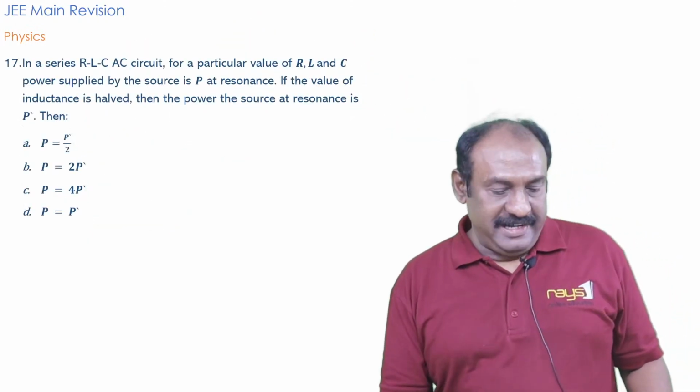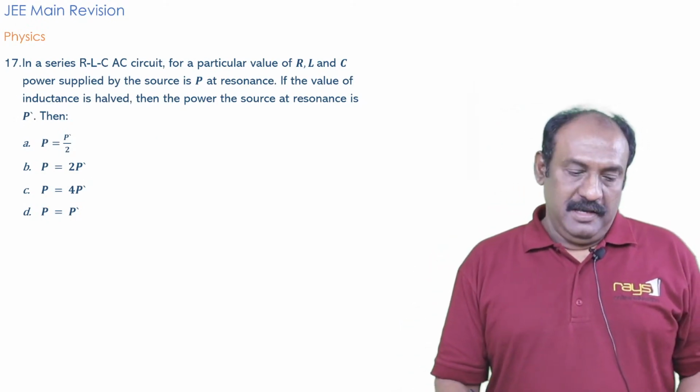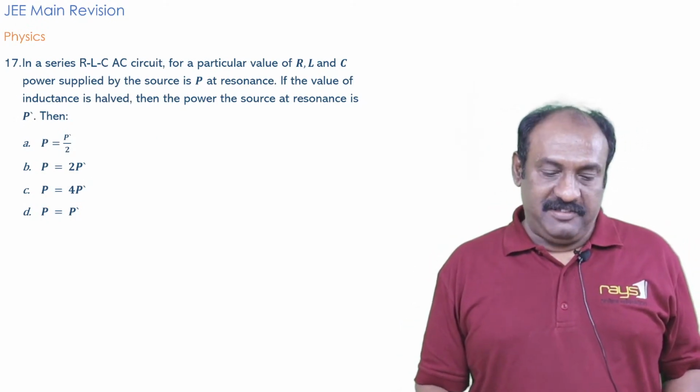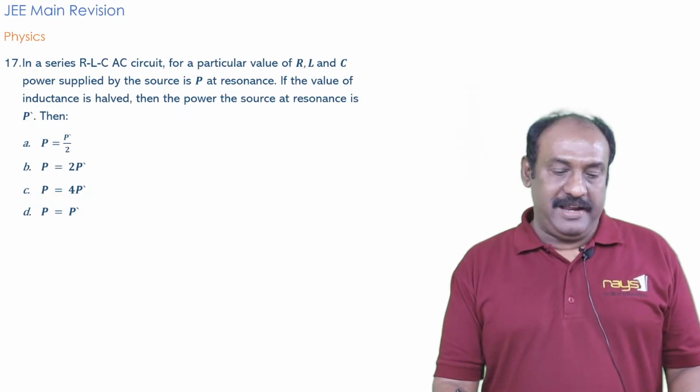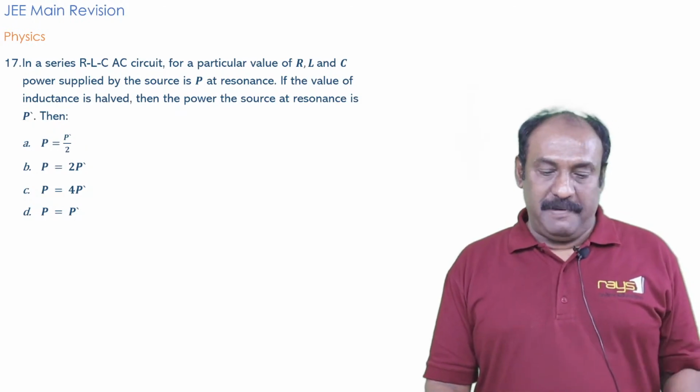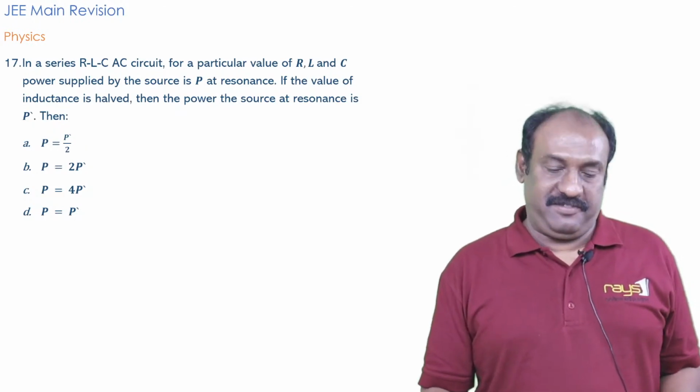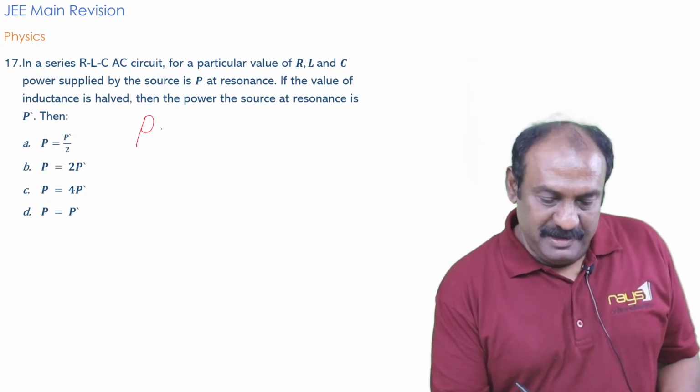Question number 17. In a series LRC AC circuit, for a particular value of R, L, C, the power supplied by the source is P at resonance. So what is the power supplied by the source at resonance?